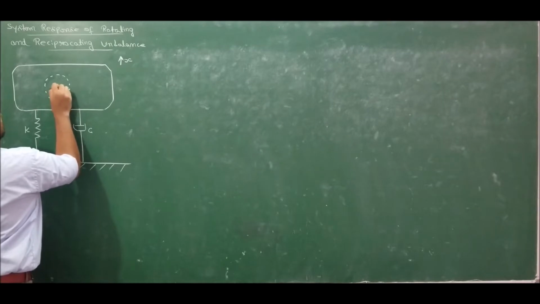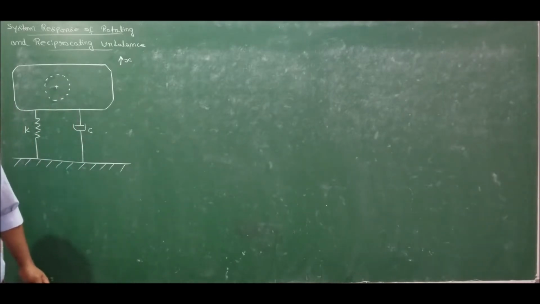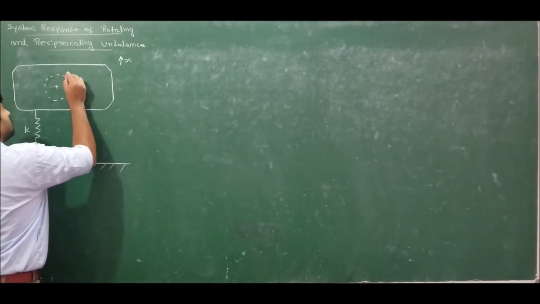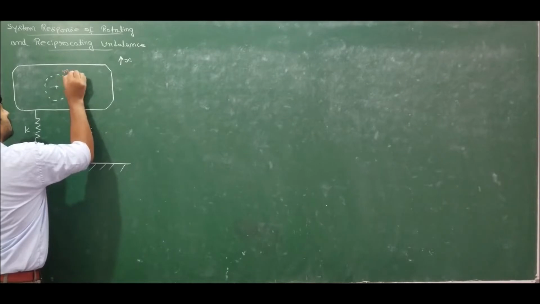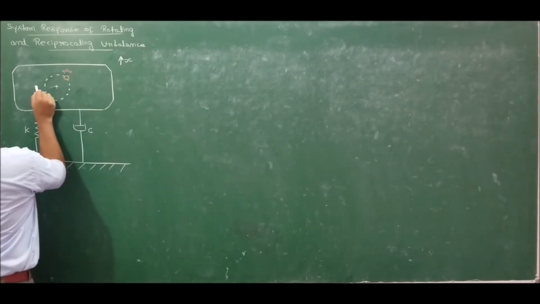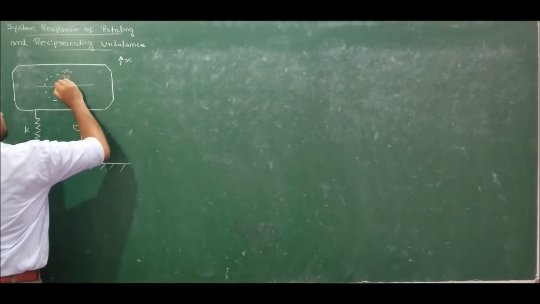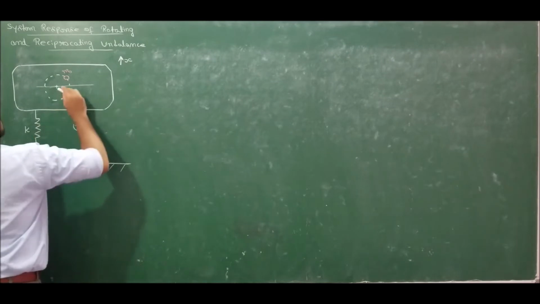Let us take it here. Now let us have the eccentric mass as m0. Let me use a different chalk for better understanding. Let us have m0 as the eccentric mass. Now let us take the reference and we have the eccentric mass here.